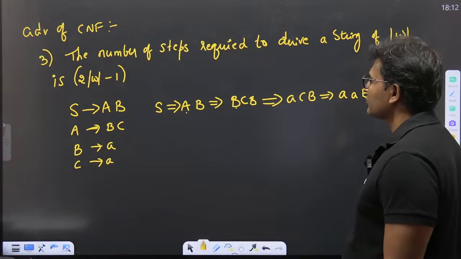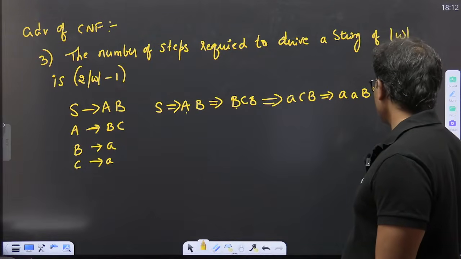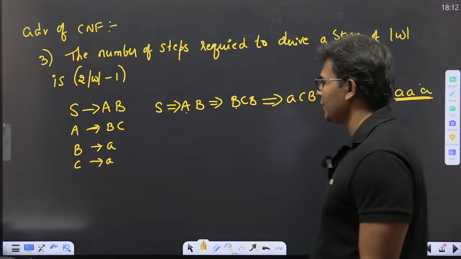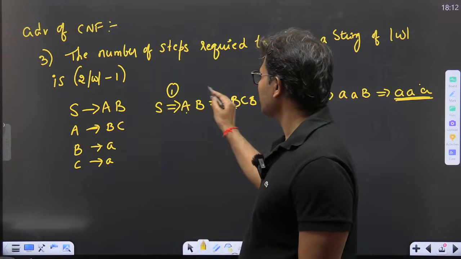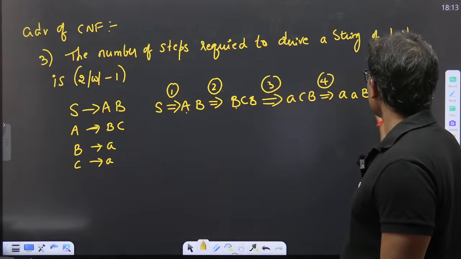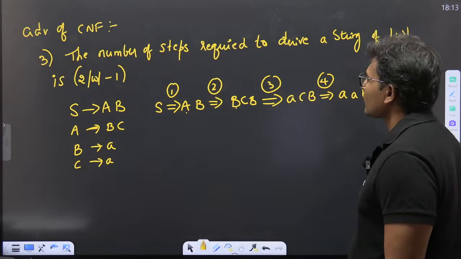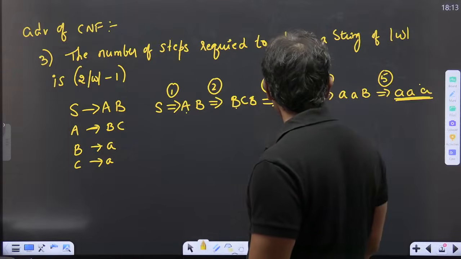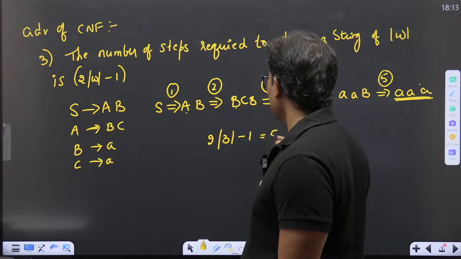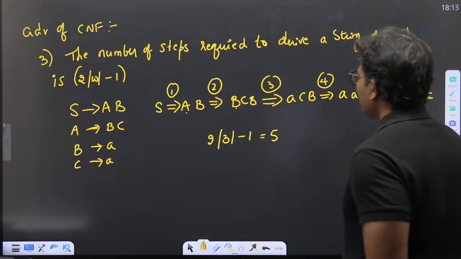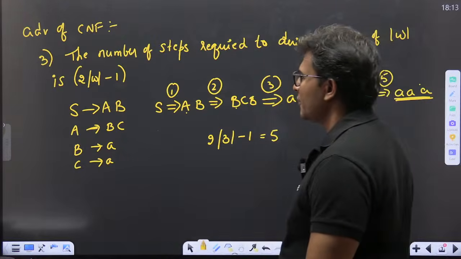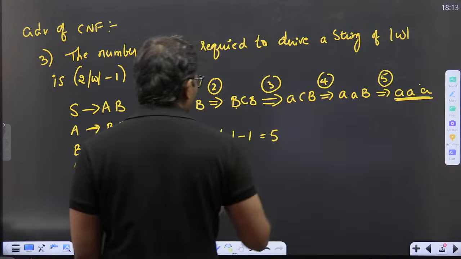Now if you see this, in order to derive a string of length 3 using CNF, the number of steps are 1, 2, 3, 4, 5. Right? 2 into 3 minus 1 is 5. So you can derive any string in a limited number of steps.